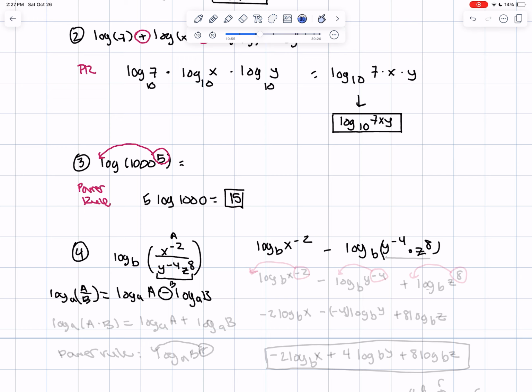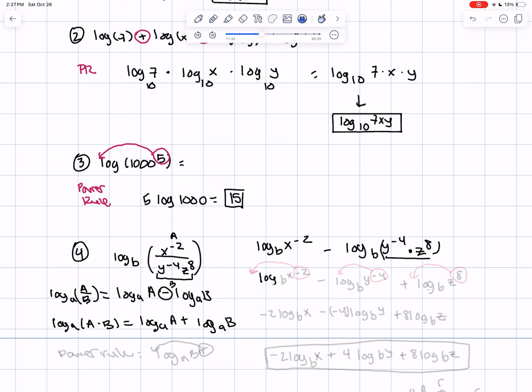Okay, so now what do we do? I put them into the right form for now, but I want to simplify the multiplication over here. So what rule is that? If I have multiplication, going back to our rules, I'm using the product rule. The product rule says that if I have log base A of A times B, I'm going to get log base A of A plus log base A of B. So let's turn it into that form.